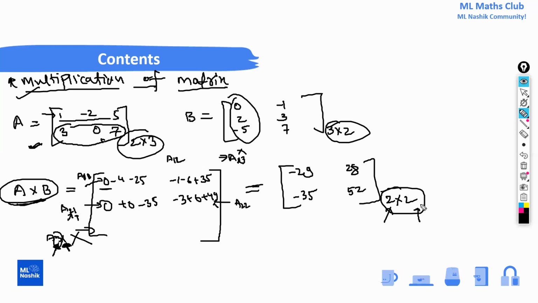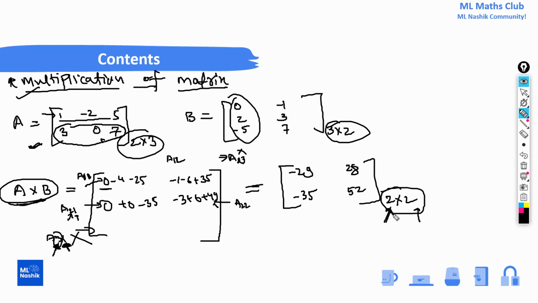Students, just note one thing: even without multiplying, you can identify the order of your resultant matrix. If you are multiplying two matrices of different orders, you can simply identify the order of the resultant matrix.